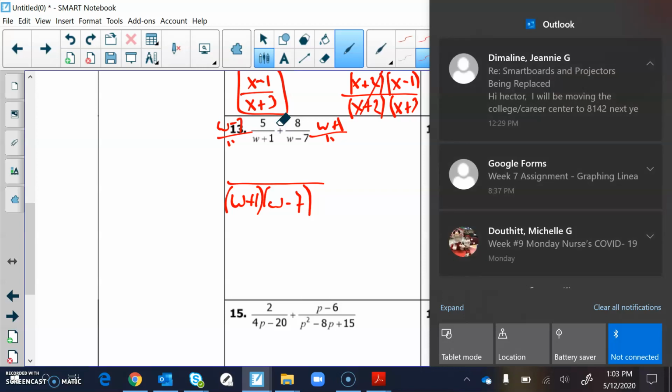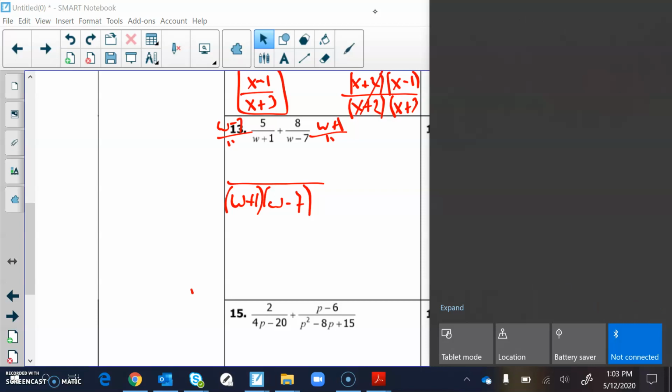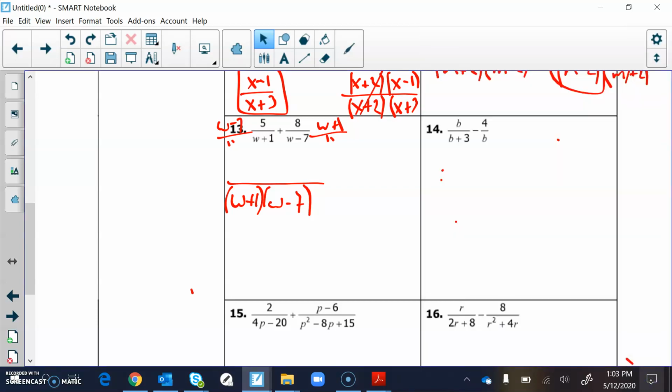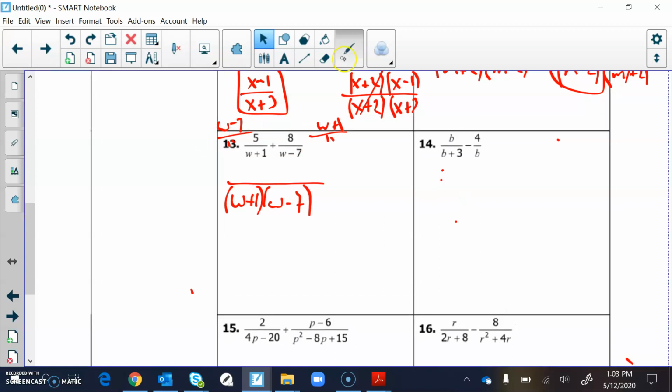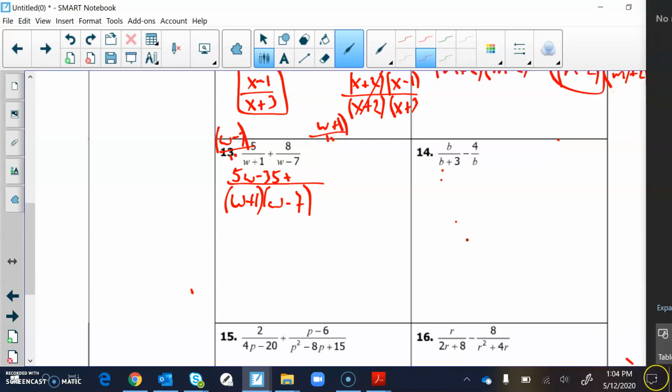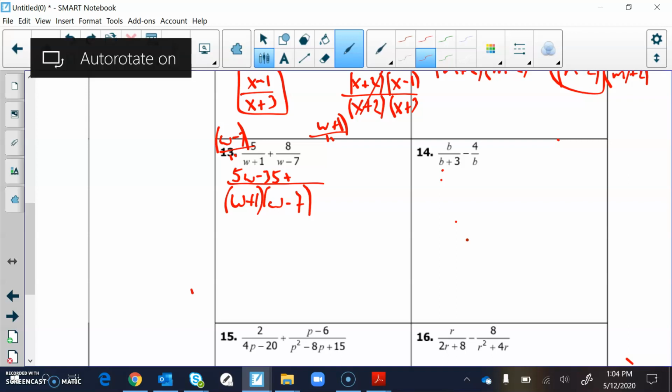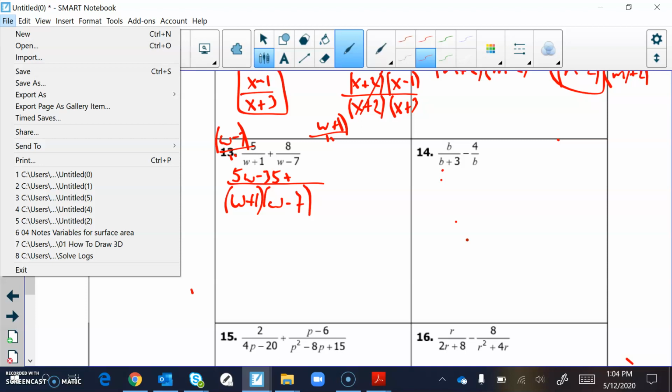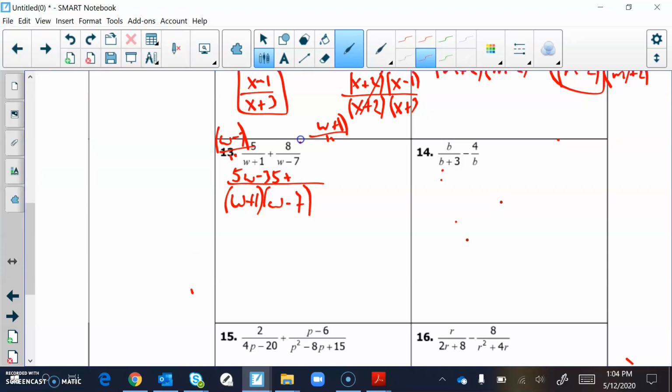I'm adding, so, all right. So first fraction, 5 times w minus 7 is 5w minus 35 plus 8 times w plus 1.